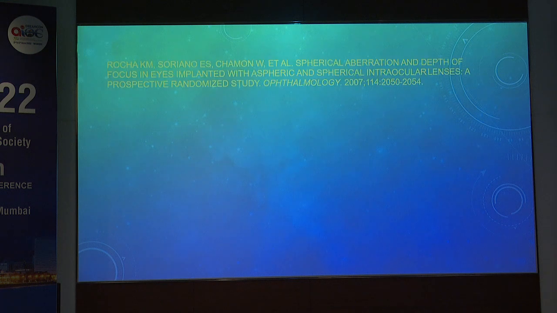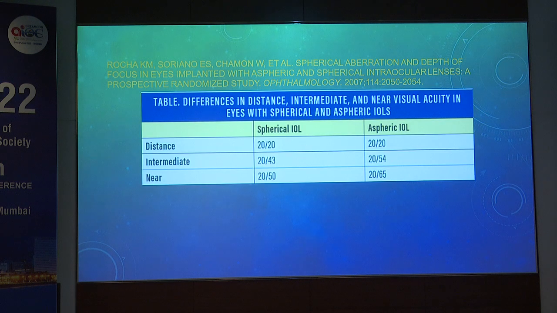There's another interesting study that has been done by Rocha KM et al., where the aspheric IOL was used in the dominant eye and a spherical IOL was used in the non-dominant eye. And it was seen that intermediate and near vision was better in the eye with the spherical IOL as compared to the aspheric IOL.